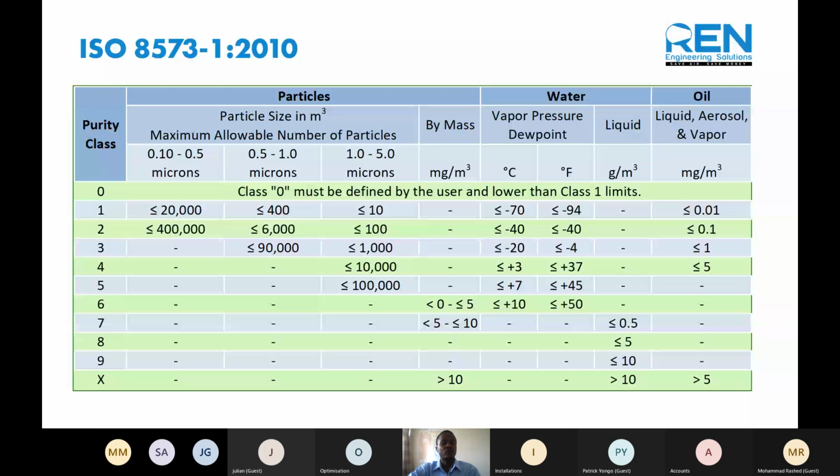By specifying your quality class using this standard, any manufacturer will be able to give you a solution that meets the quality standards.